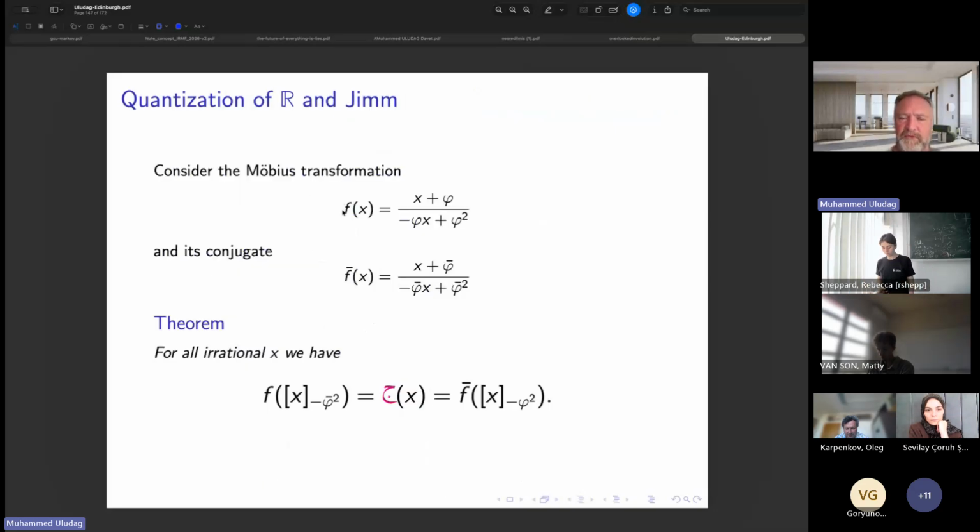If you consider the Möbius transformation f of x equals x plus phi over minus phi times x plus phi squared, and its conjugate, then f of the quantization of x specialized to this value, where phi is the golden ratio, 1 plus square root of 5 over 2, so if you specialize this quantization to the specific value and take its f, then we get the function Jimm.